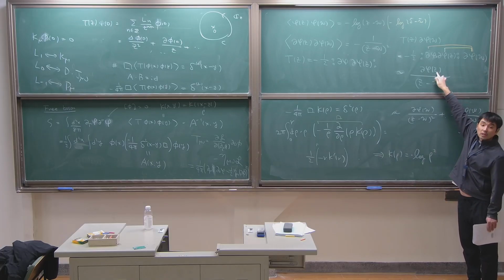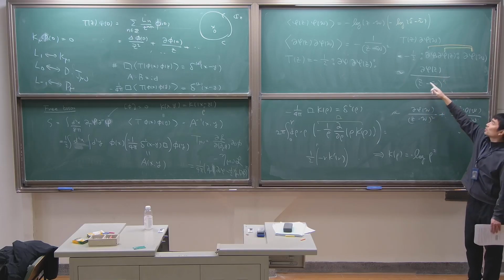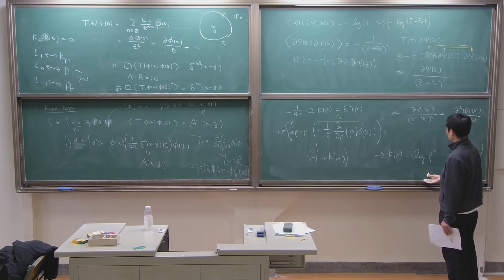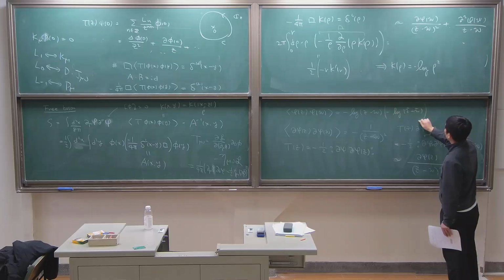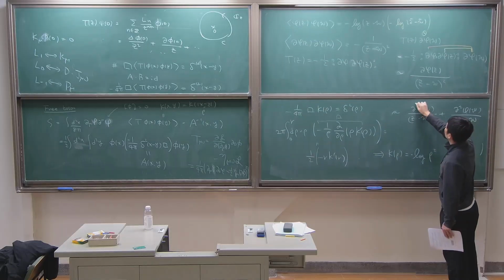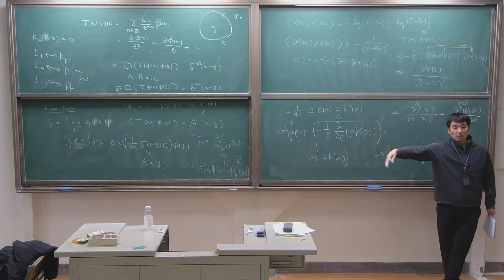This is at point z, and if you do the Taylor expansion, you get the first derivative and then the second derivative. And this is exactly what we saw before. If you treat this one as an operator O, this is the O, and then the derivative of O, and there is no higher order pole.